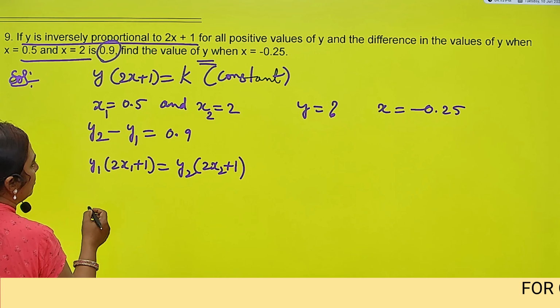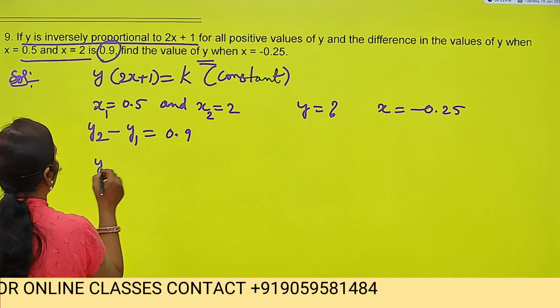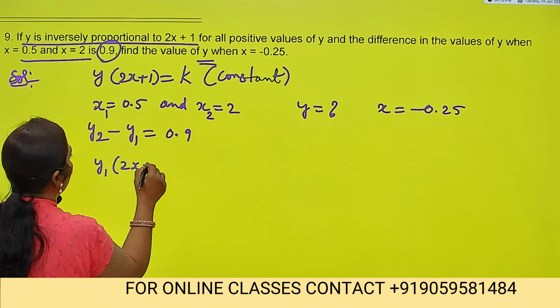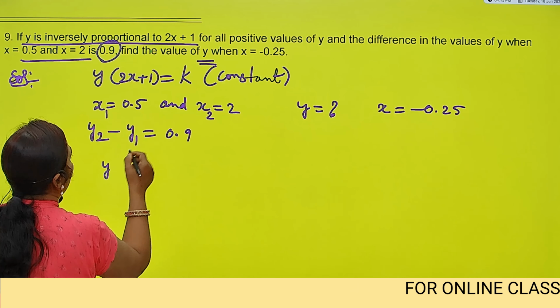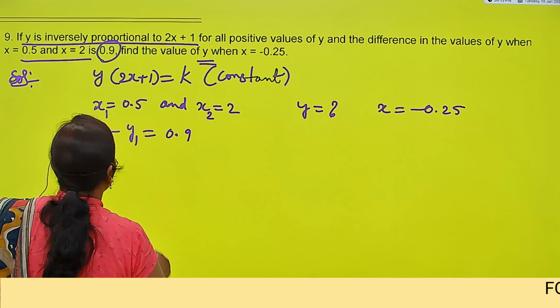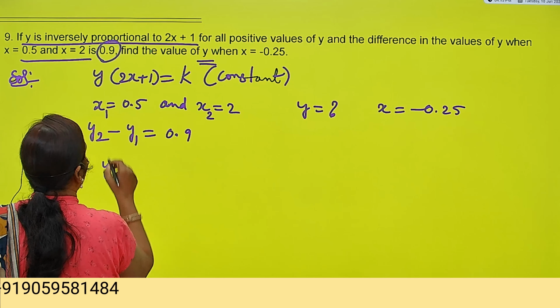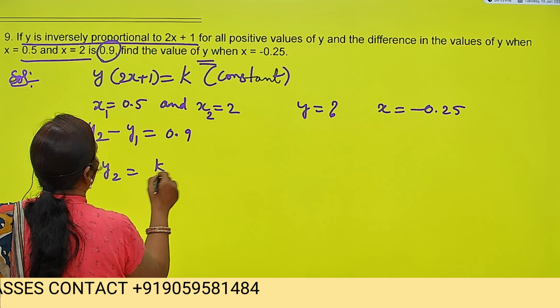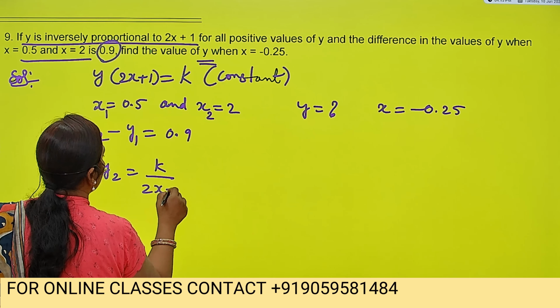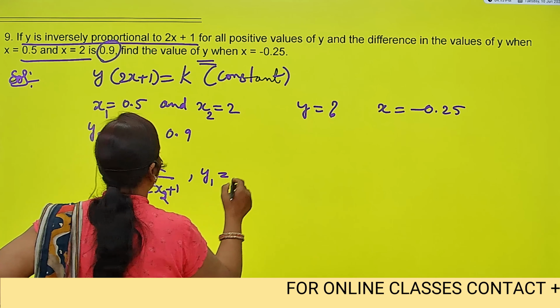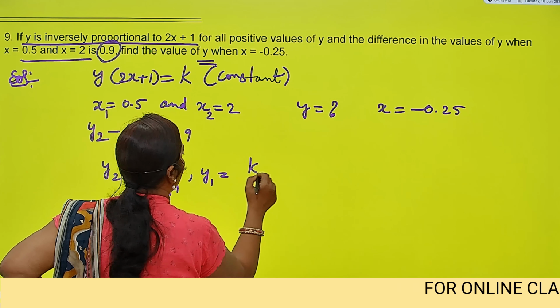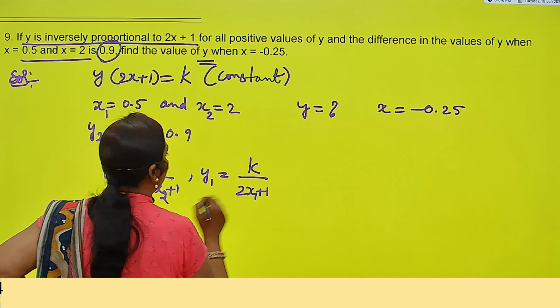Here, y2 minus y1 means y2 equal to k over 2x2 plus 1, and y1 equal to k over 2x1 plus 1.